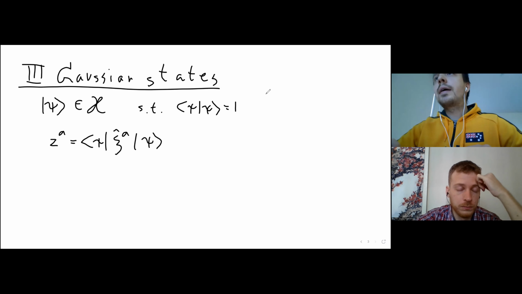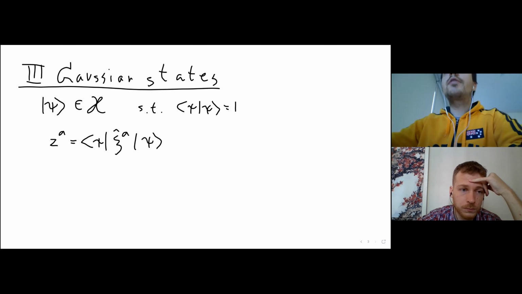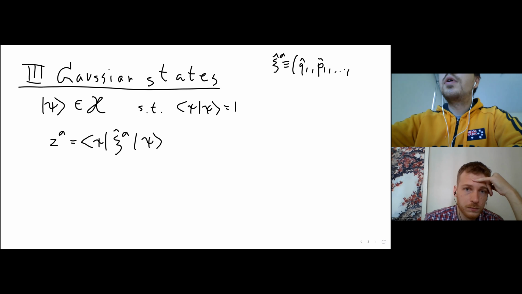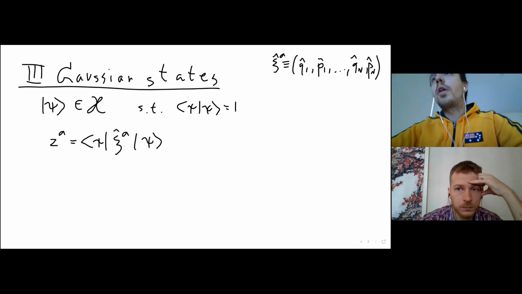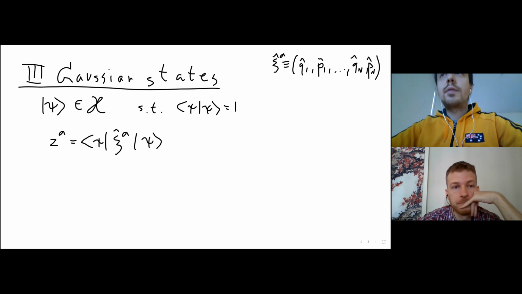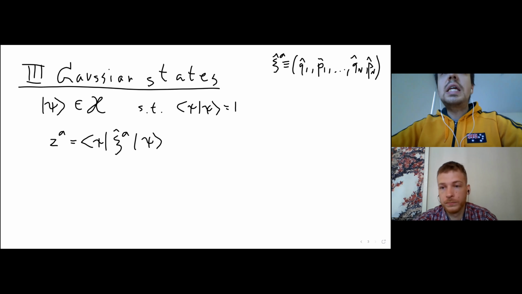Just as a reminder, if you're not completely sure how to think of this psi_A, if you represent it in a basis, it consists of Q1, P1 up to Qn, Pn for bosons, and for fermions we can also call them Qs and Ps, but of course they describe the Majorana operators. So this Z is a 2n-dimensional vector in the classical phase space.